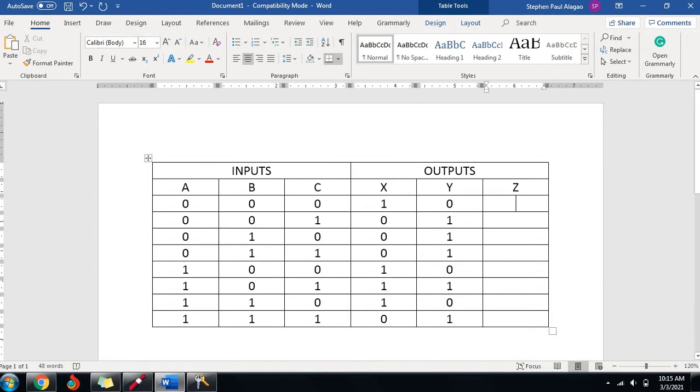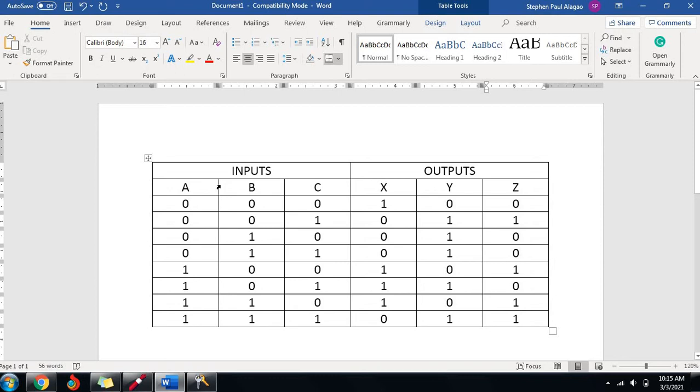So these are now the different outputs, and the last is 1. These are now our inputs and our outputs. This is what we call the truth table.